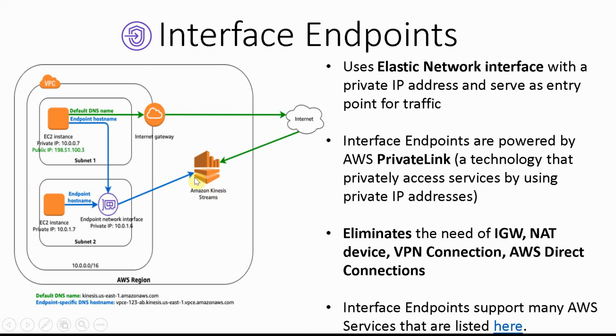Again, the same situation: if the interface endpoint is not there, then the traffic has to go out and then come back to talk to the other guy. But the interface endpoint will give you an ENI, similar to the VPC endpoint, so this guy will talk to that guy directly. Again, this is all reducing the network traffic going out and in.